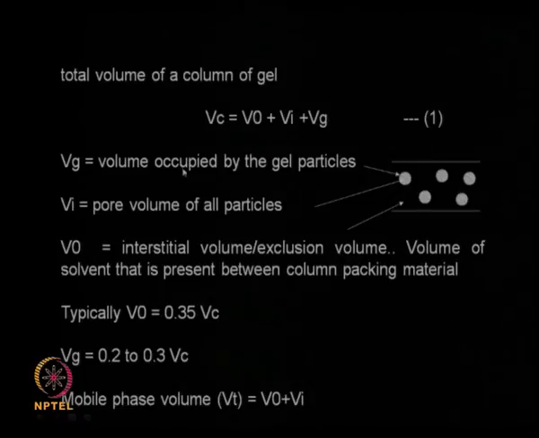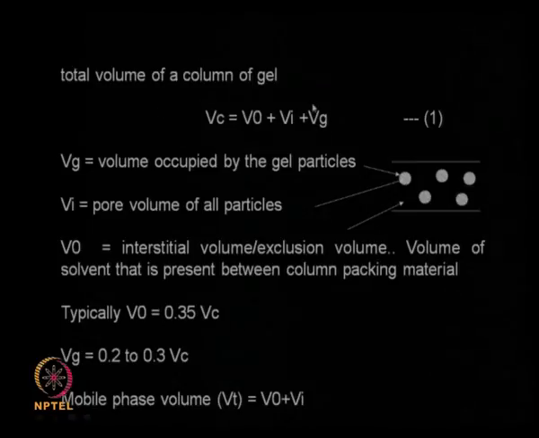Vg is the volume occupied by the gel particles. The gel particles occupy a certain volume, but you need to keep in mind that when the solution is flowing in, the gel gets swollen. So the volume occupied by the gel when it is dry versus the volume occupied when it is inside the column, swollen, will be very different.